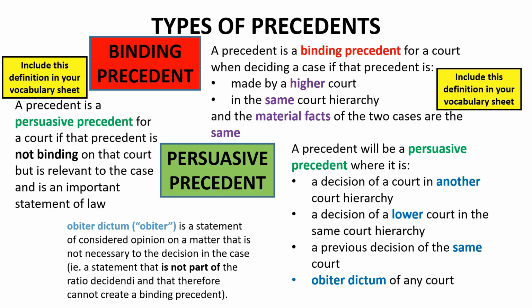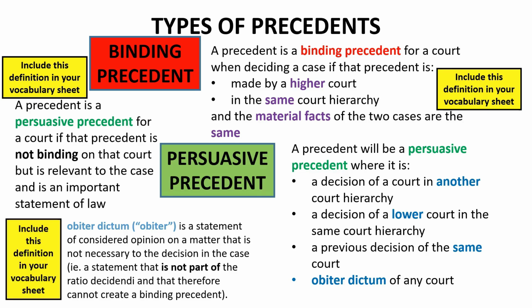That is, obiter dictum is a statement that is not part of the ratio decidendi, and therefore it cannot create a binding precedent. Look down the left-hand side of your vocabulary sheets, find the term obiter dictum and include this definition in there. I'll briefly illustrate each of these 4 circumstances in which a precedent is a persuasive precedent in the following slides.